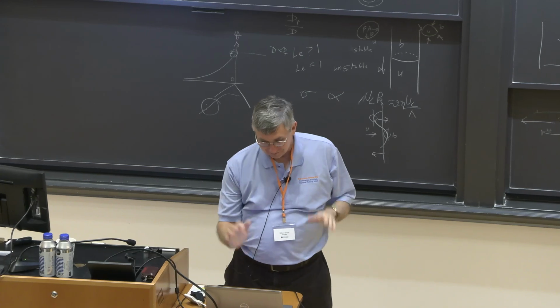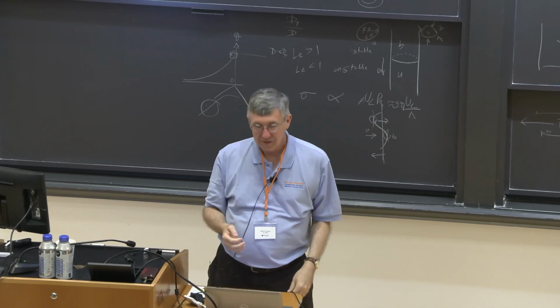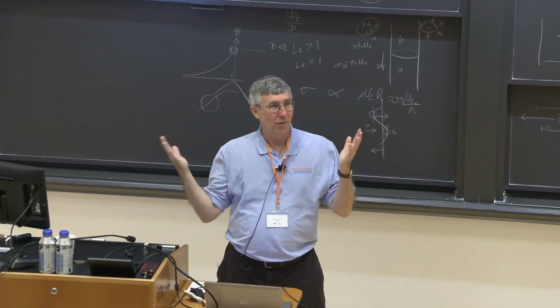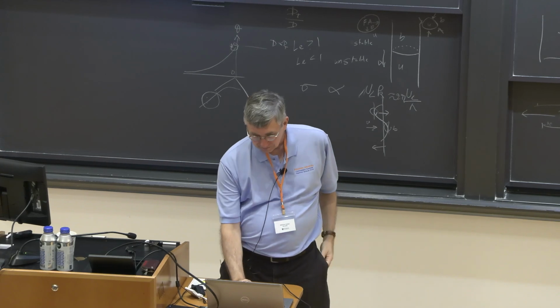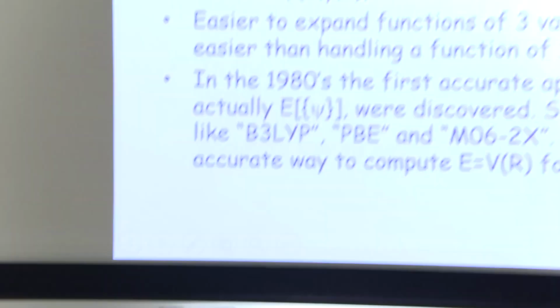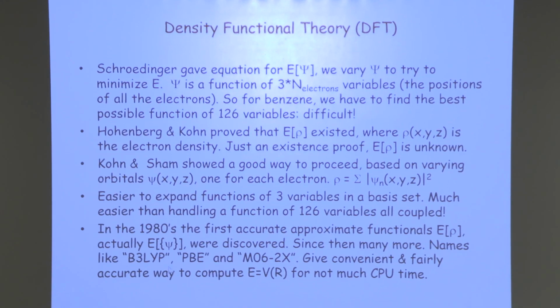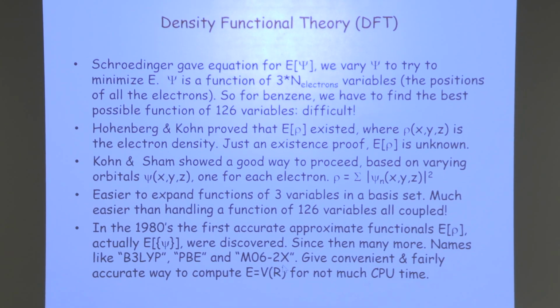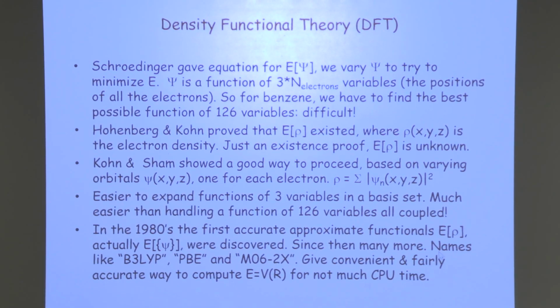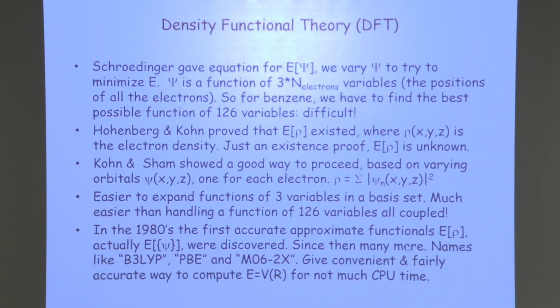And so Perdew and Becke and a bunch of other people spent a lot of time trying to figure out what the heck this functional must be. And they came up with a pretty good approximation of it, a couple of them actually. And so B3LYP and PBE and M062X are all names of different functionals. And to the extent that these are close to the true energy functional, which we know exists, but we don't know what it is, then they would give you the true energy.